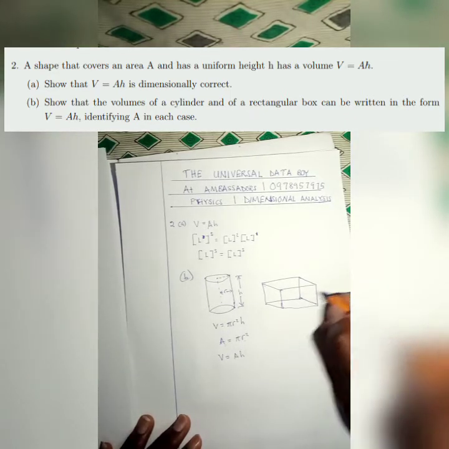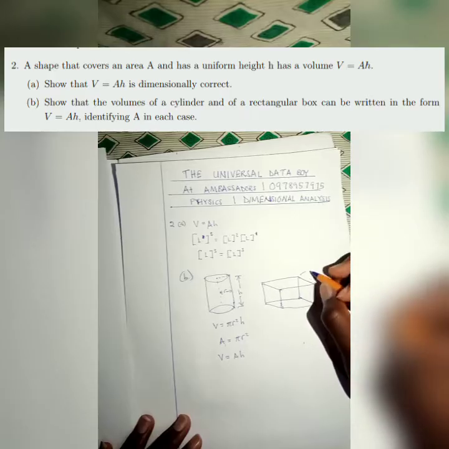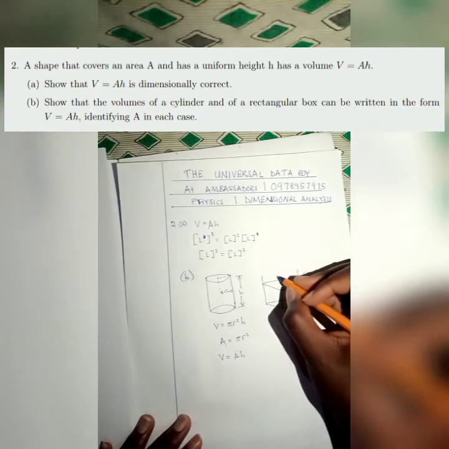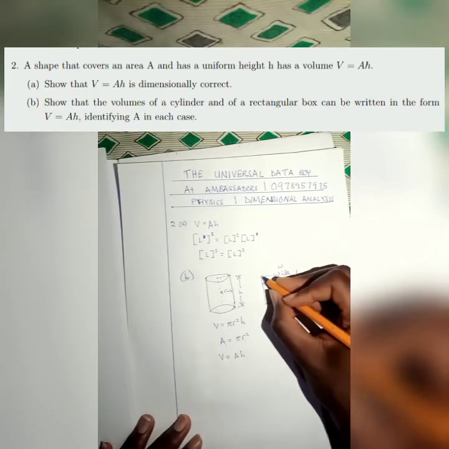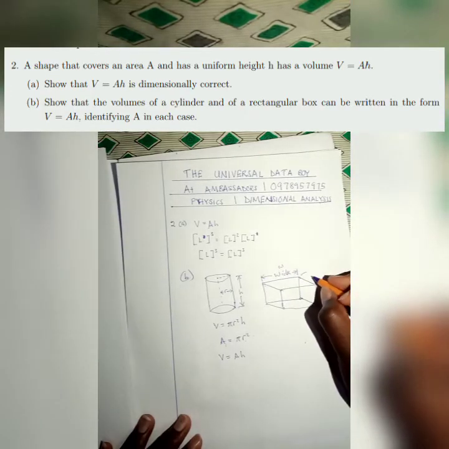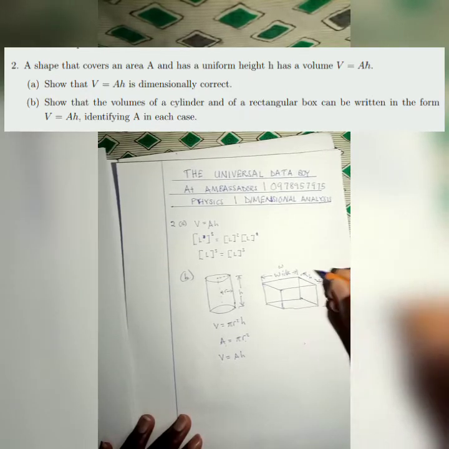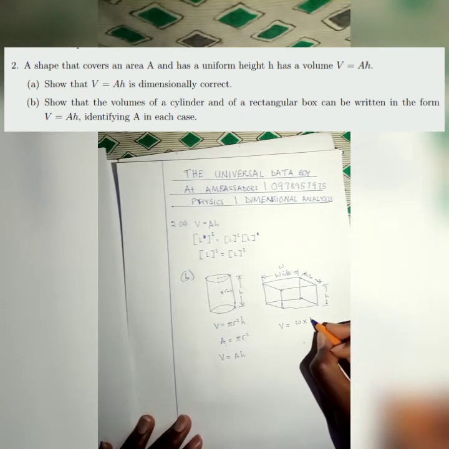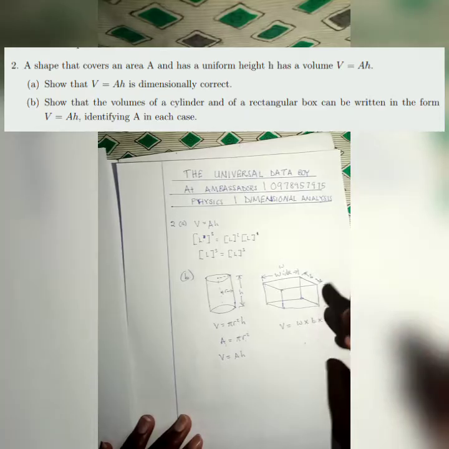Let's say this is our height, this is our width W, and this is our width B. So the volume is equal to W times B times H. That's how you can find the volume.